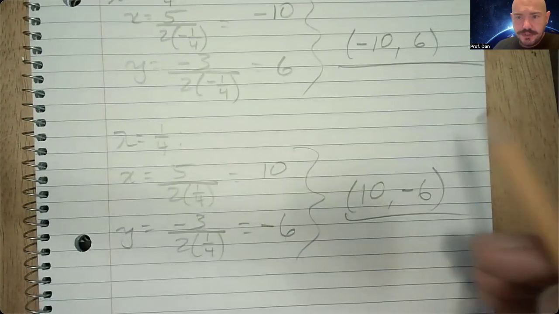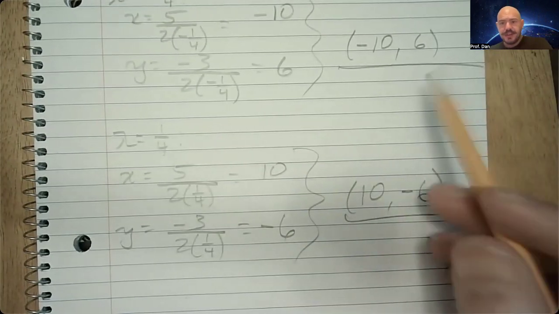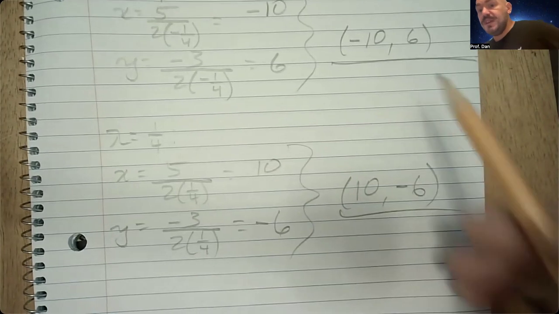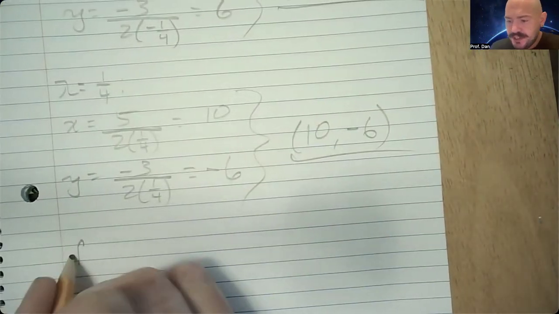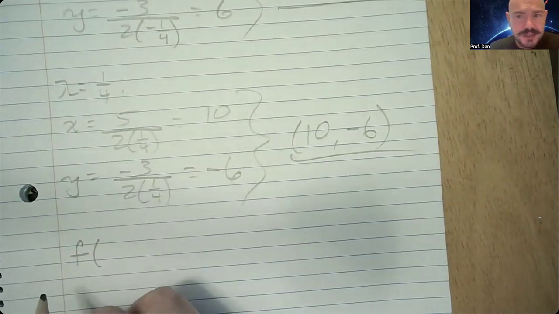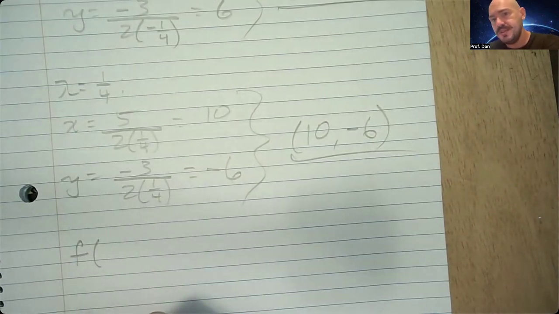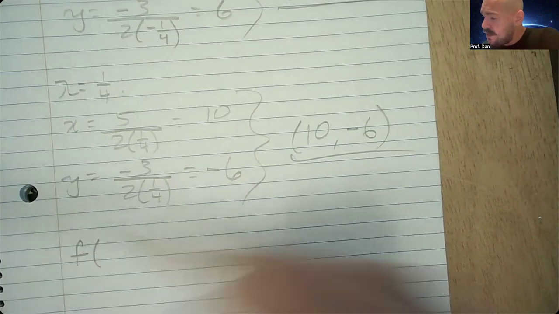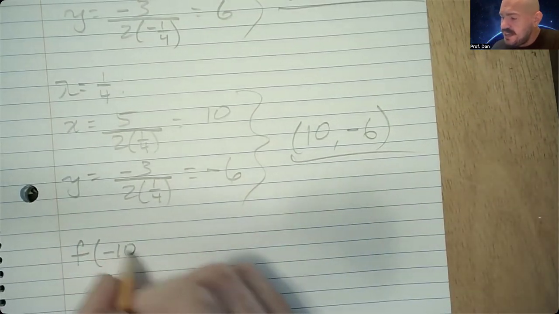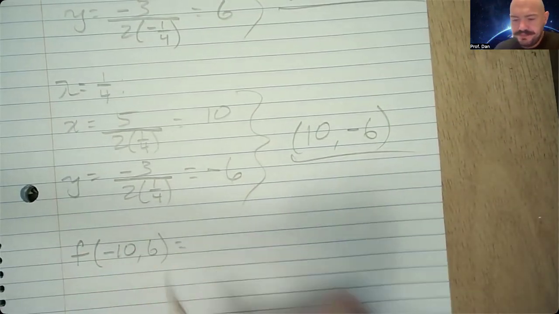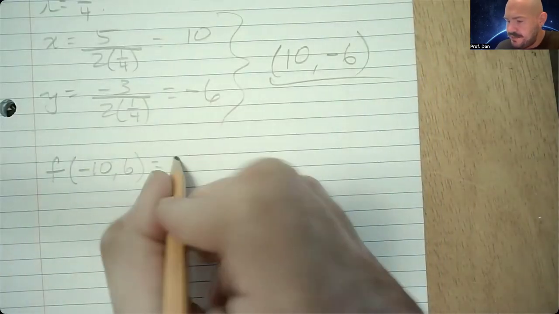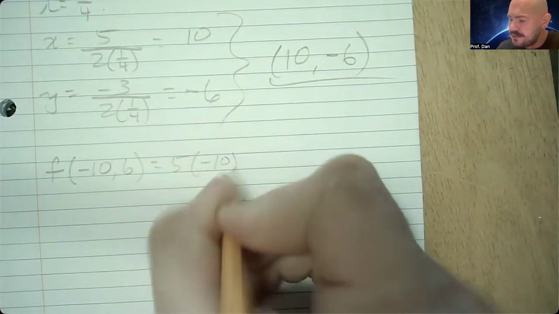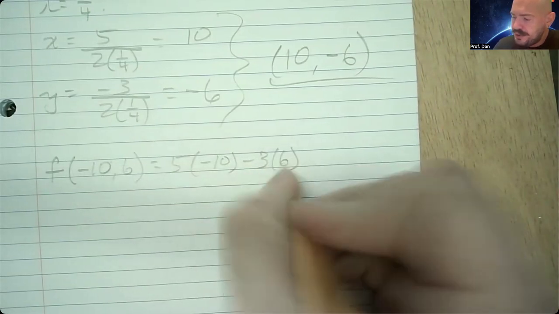So now that I know the two places, the two XY coordinates where I could have a max or a min, I'm going to plug both of those into my original function. Remember, highest Z coordinate is my max, lowest Z coordinate is my min. So starting off with (-10, 6), I'm going to have 5 times the X coordinate minus 3 times the Y coordinate.